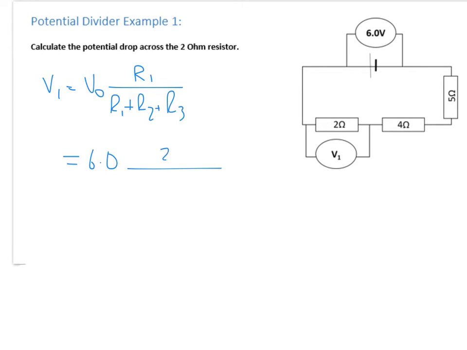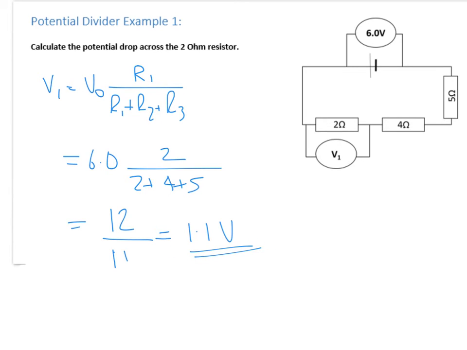So we've got 2 over 2 plus 4 plus 5, and if we substitute the numbers in there, we've got 12 effectively over 11, which gives you 1.1 volt. Now you might think the significant figures are weird, considering we had 1 sig fig there and we give an answer to 2, but you don't give answers to 1 sig fig unless it's a quantum number, so we'll stick with going one more and give 2 in this scenario.